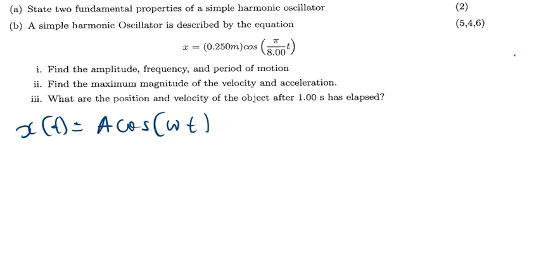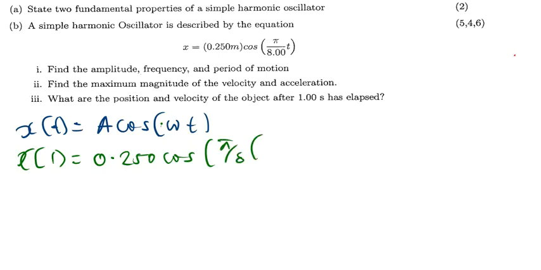What are the position and velocity of the object after 1 second? So the position will be x as a function of 1, then the amplitude is the same, 0.250, because the angular frequency is pi over 8, then the time is 1.